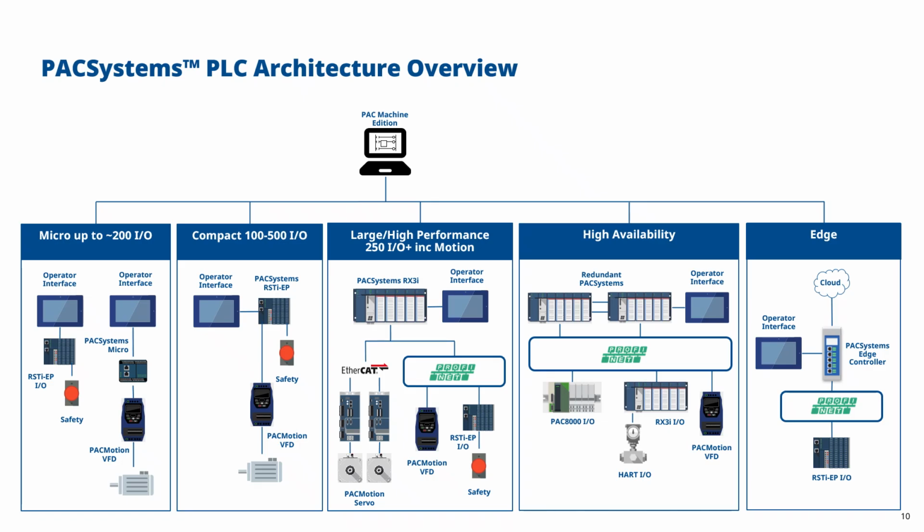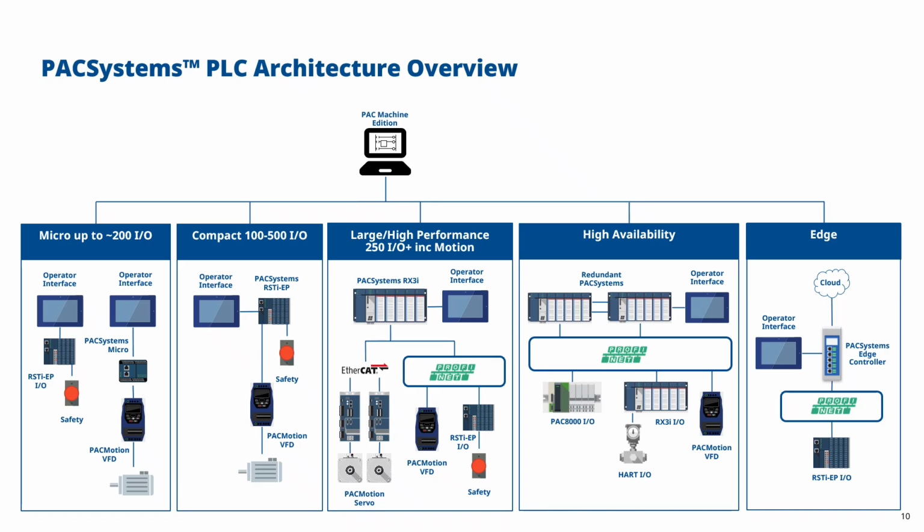Now for high availability, we have two redundant PACSystems CPUs, and they're synchronized using reflective memory, again with an optional operator interface. And then typically with these redundant systems, we're using a fault-tolerant PROFINET ring.